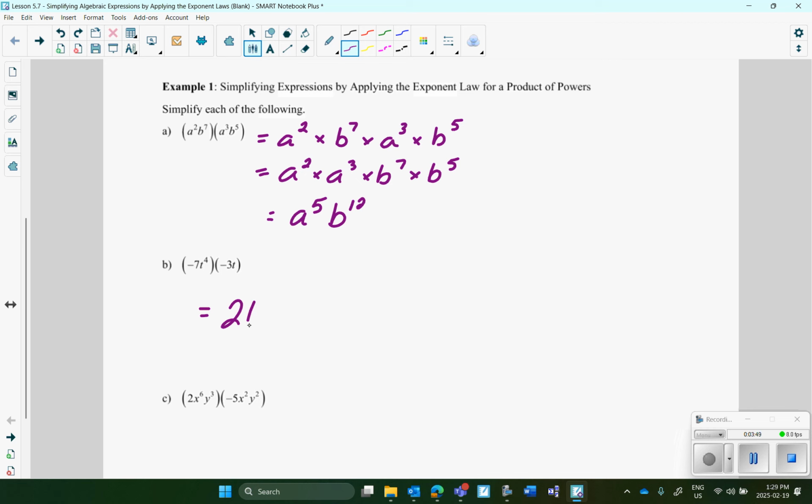Well, I got 4 t's being multiplied here, right, by each other? How many are there? So t to the 4th times t to the 1st is t to the 5th, right? If you see a variable, a letter without an exponent, put a little 1 there to remind yourself.